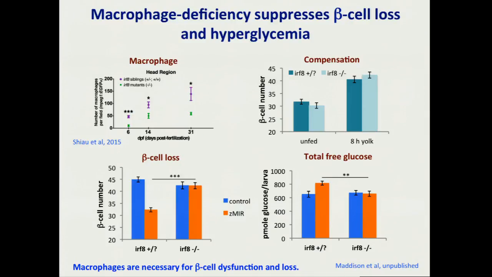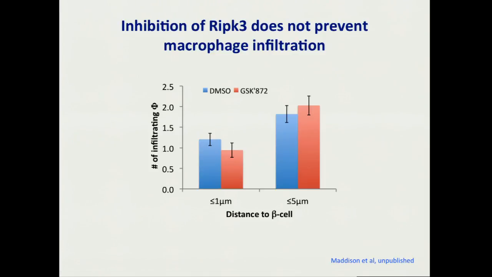Then how did macrophage get there? Remember there are two phases of beta cell decline. We thought maybe the first phase was necroptosis, which released pro-inflammatory molecules to attract the macrophage. If that's the case, we can inhibit necroptosis, and that should block macrophage infiltration. But our results show that it's not the case.